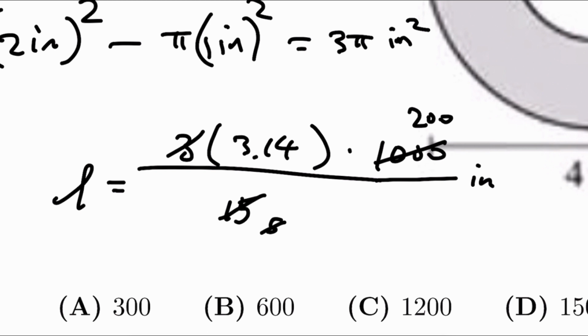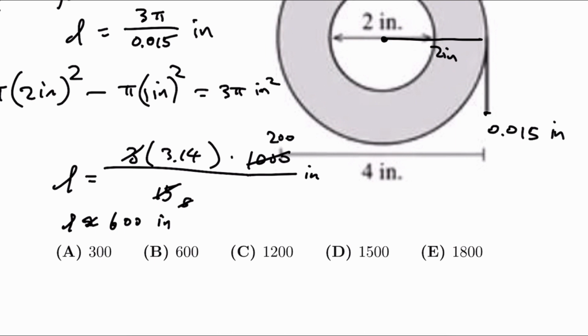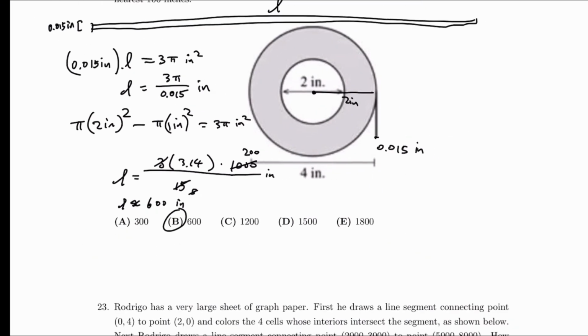So we have pi basically times 200 inches, which is somewhere around 600 inches, because it will be something like 628 inches-ish. So that's our answer choice B.